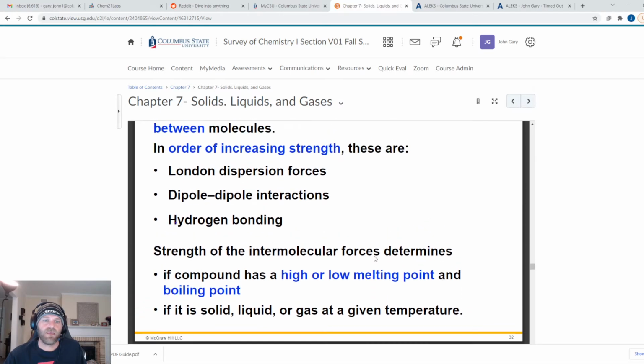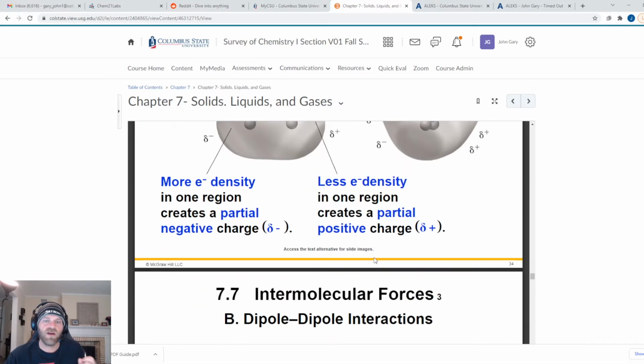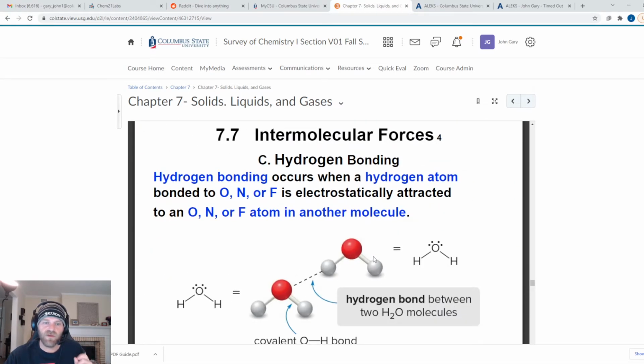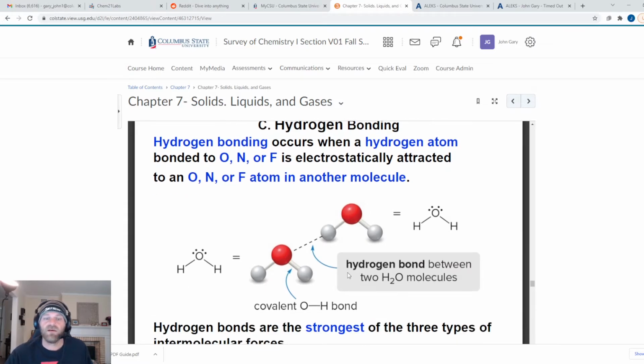All right. So let me start with hydrogen bonding because we know the most about that. Water, right? Hydrogen is slightly positively charged. Oxygen, fluorine, and nitrogen are all slightly negatively charged. So it creates these kinds of bonds. We call them hydrogen bonds.